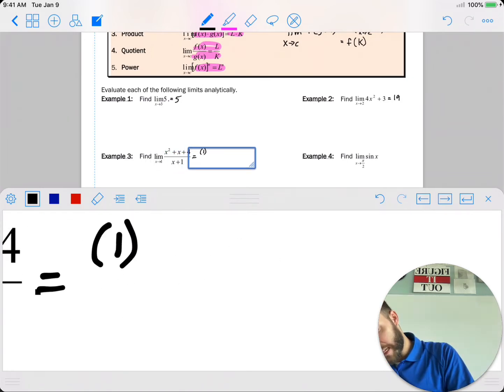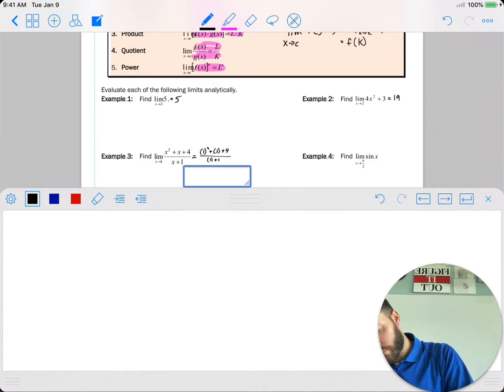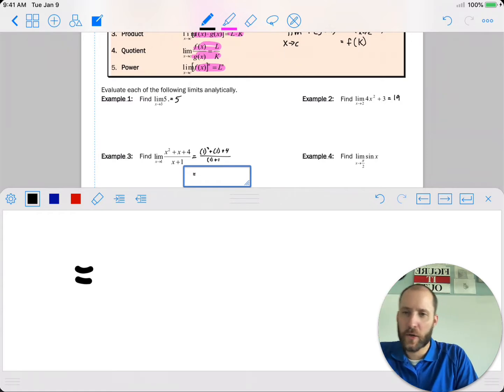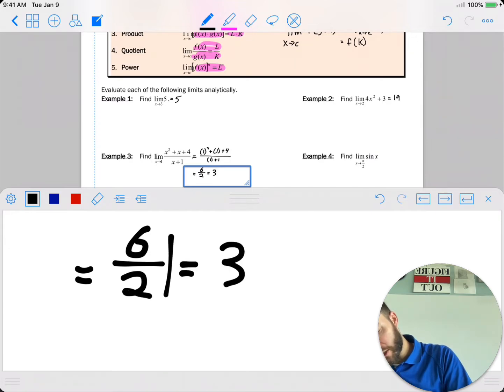So wherever you see an x, just substitute in a 1. I believe that comes out to 6 over 2, which is more commonly known as 3.